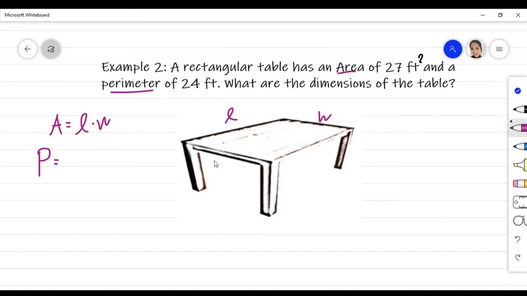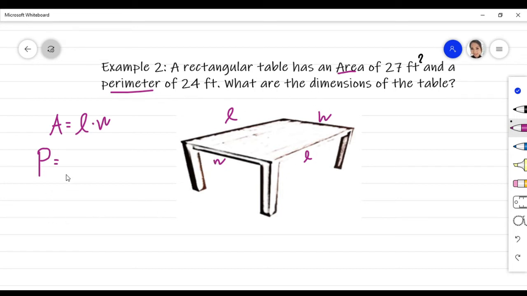So meaning this one also is W, and the opposite side of this length here is also the L, or the length. So if P is the sum of all the sides, meaning we have to add all of these letters here.